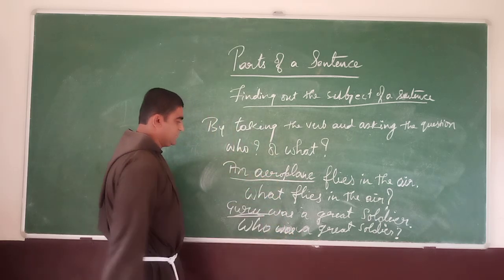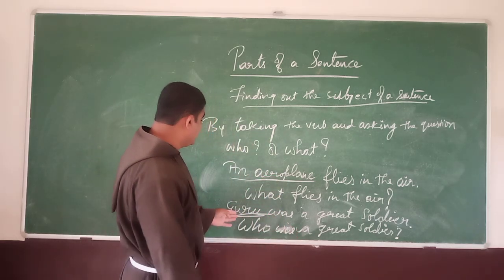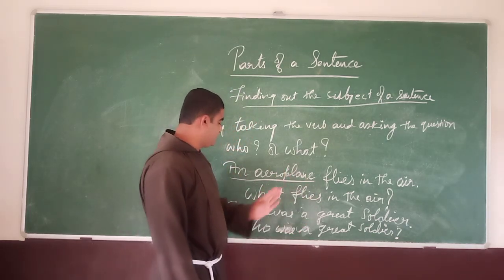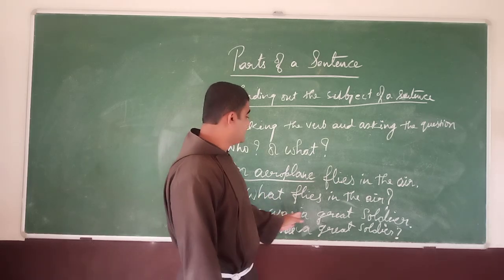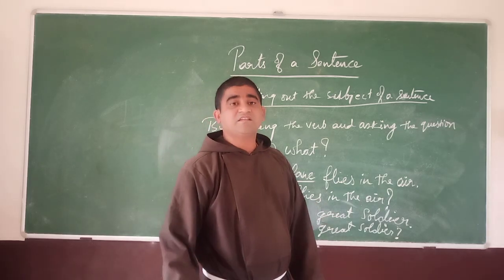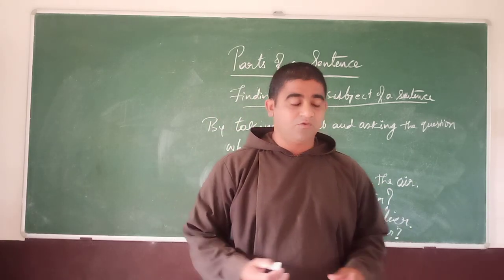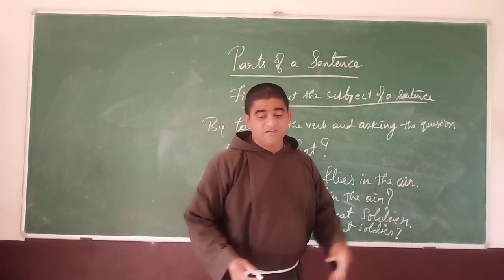Since the sentence is in past tense, we have to use past tense only. Guru was a great soldier. Who was a great soldier? If you ask the question, Guru was a great soldier. Thus, we can find out the subject in a sentence.